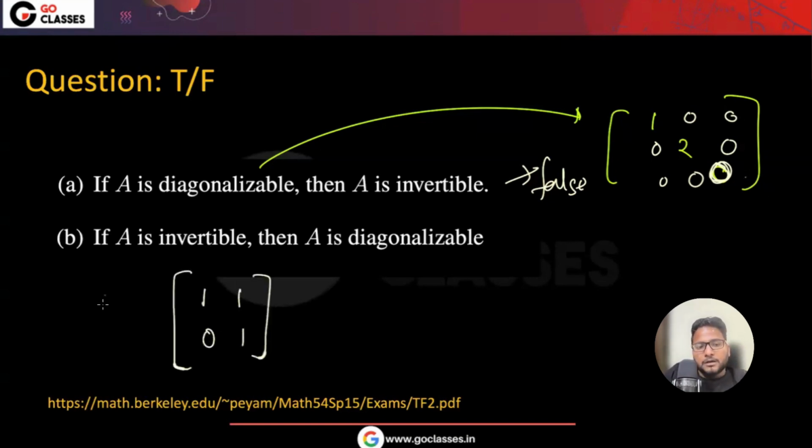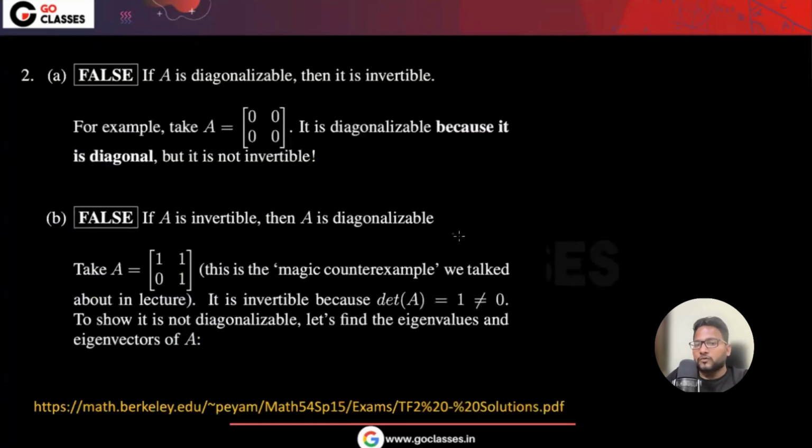This A is invertible, but the eigenvectors of A are actually not linearly independent, because the eigenvalues are the same, the eigenvalues are repeating. And if you check the eigenvectors, they are not linearly independent actually. So actually, there is no relationship between diagonalization and invertibility. So both are false.